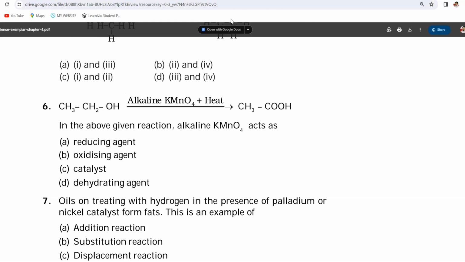What should be the answer for question number 6? Sir, C, catalyst. No, it is not acting as a catalyst. I have told you that it is not acting as a catalyst. Sorry, B, oxidizing agent. Yes, it acts as an oxidizing agent.